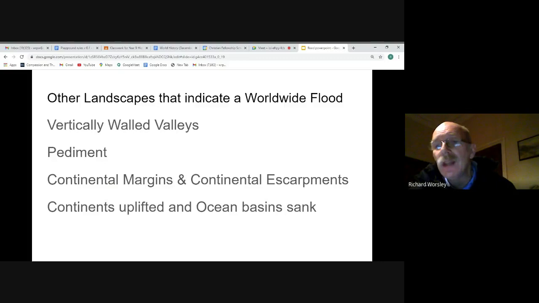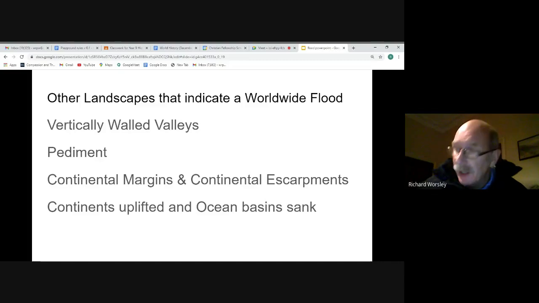There are a number of other features that I explain in addendum 7, which is page 77 and 78. I won't go into them now, but just to say that what I've just described here is just one of a number of landscapes that make sense from a worldwide flood perspective and the erosion from the sheet flow of water, but doesn't really make sense in terms of a long age.